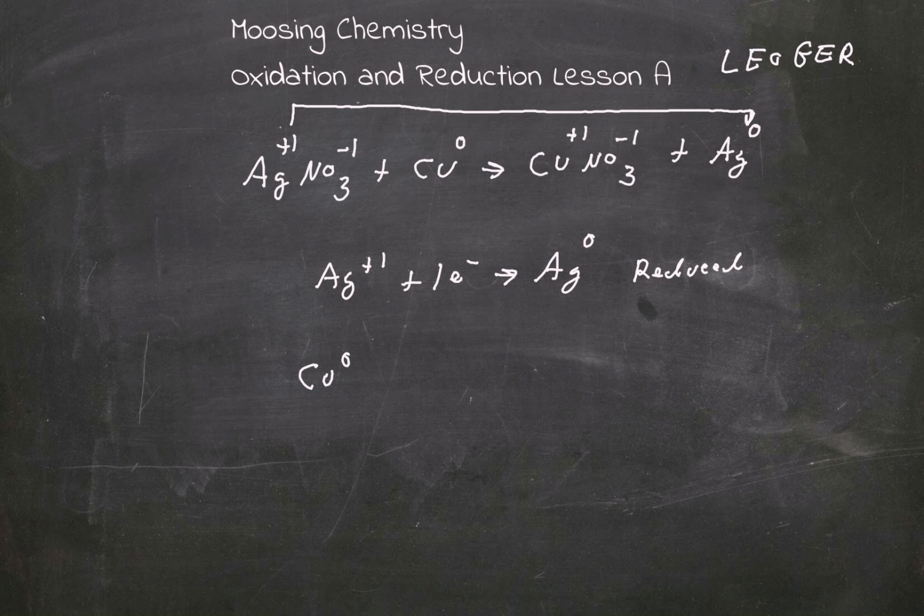Copper is going to go from 0 to plus 1. So it's losing an electron in this case. So it'd be copper 0 goes to copper +1 plus 1 electron. All right.